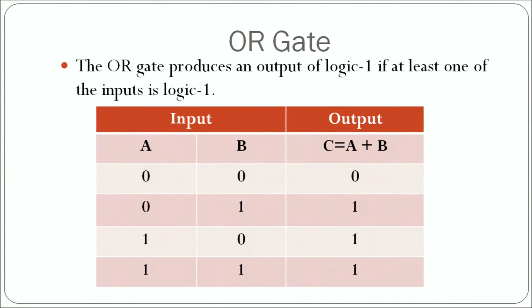We will see what happens in the other gates, but because it is the OR gate and we have already learned that either A or B being 1 gives output 1, when both of them are 1, the output would be 1 only. That is why this is the OR gate.